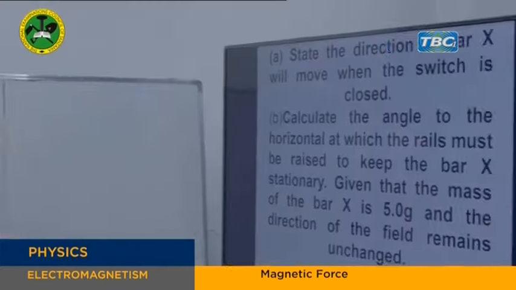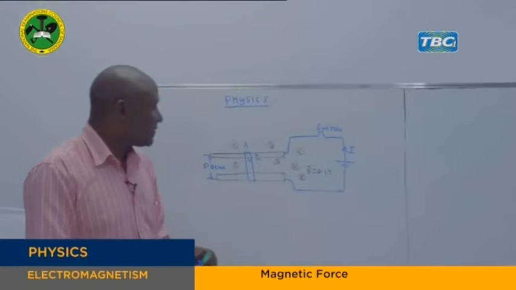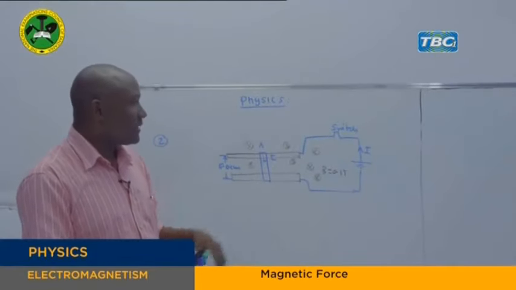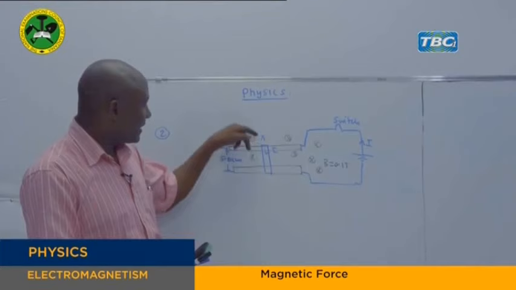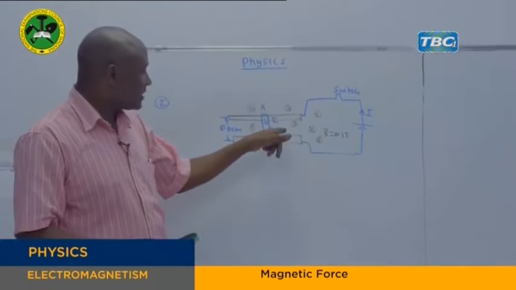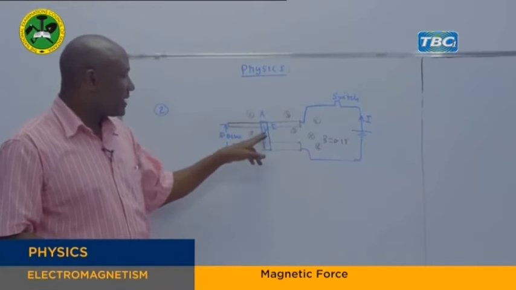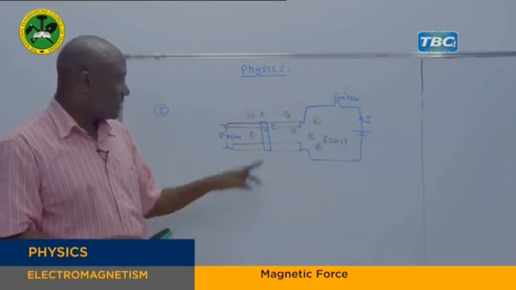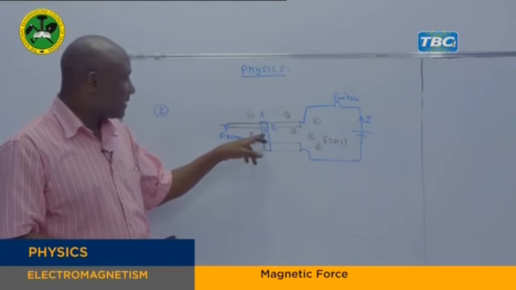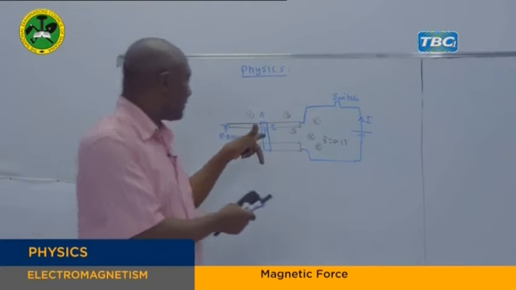When you close the switch, according to the principle that we have done with Fleming's left-hand rule, the current is known, how the current flows, and the magnetic field is pointing into the plane, and you are supposed to find how this bar X will experience the force. So using Fleming's left-hand rule, the current is moving down, and the magnetic field is pointing in.